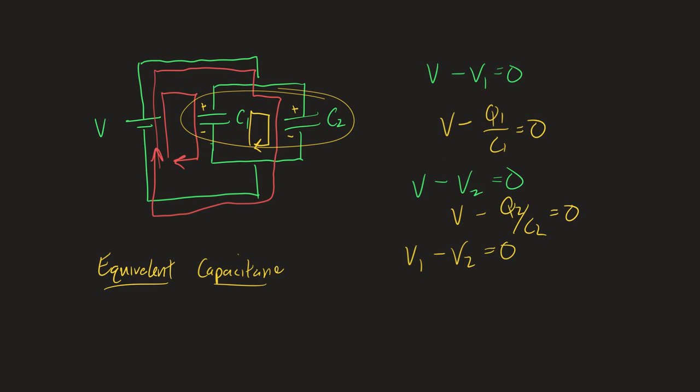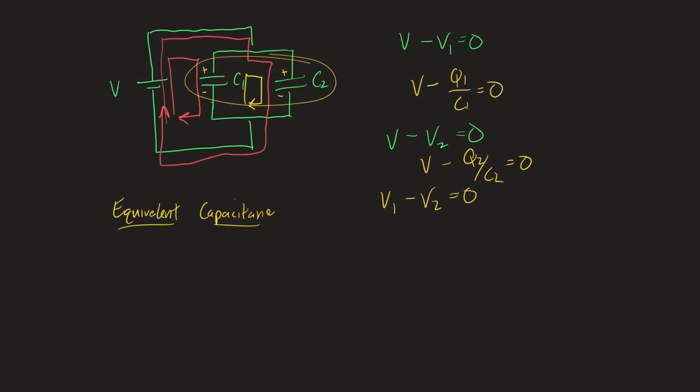There's a capacitor I could connect to this voltage supply that would behave like the two capacitors that are in parallel. Meaning there is a simpler fictional circuit that has an equivalent capacitance, a certain amount of capacitance that would be the same as the two capacitors that are in parallel.